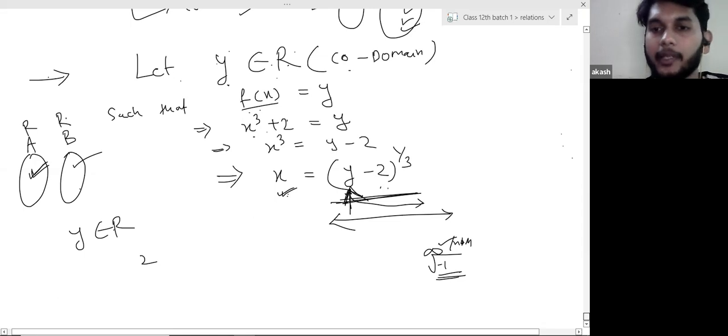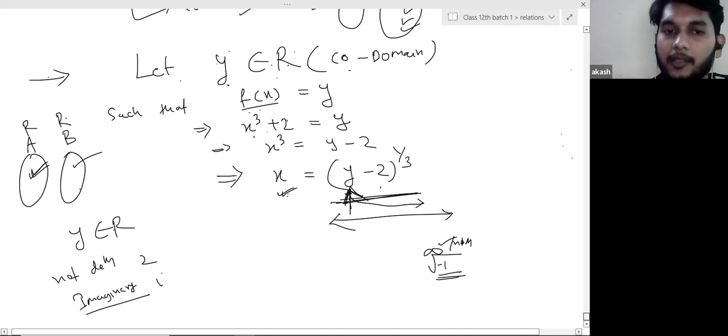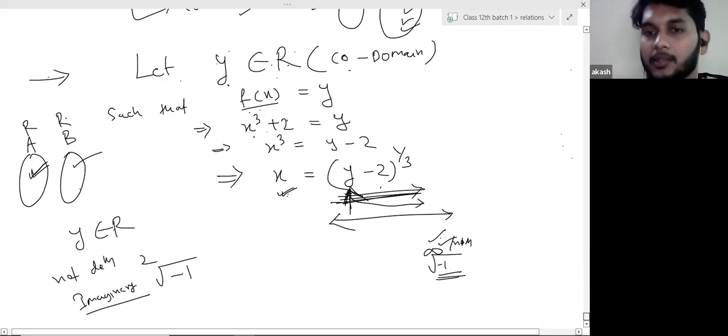So I'm trying to find any number which, if I put here, will give me either not defined or imaginary. All right, how do we know a number is imaginary? If I have a negative number inside the square root, right? That is imaginary. So try to find any value of y which will give us some trouble, because infinite is trouble, imaginary numbers are trouble.